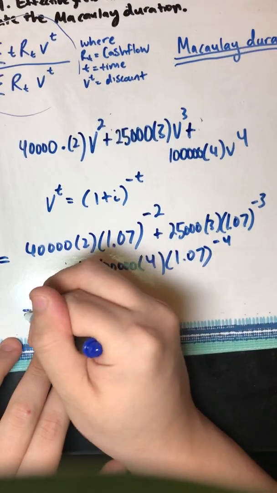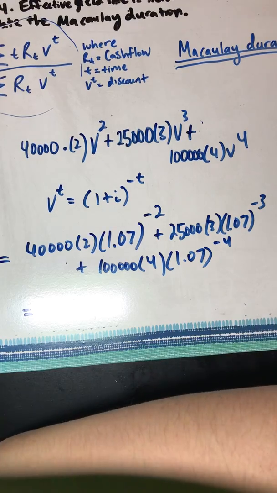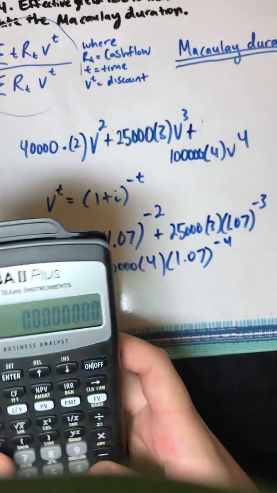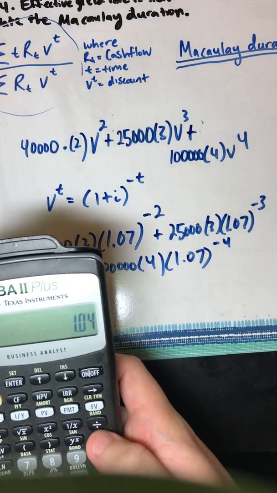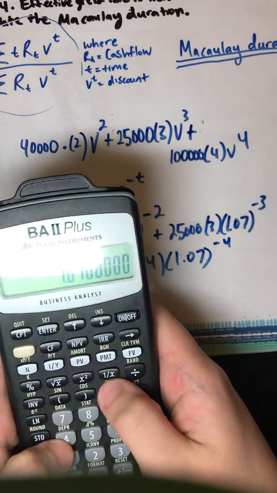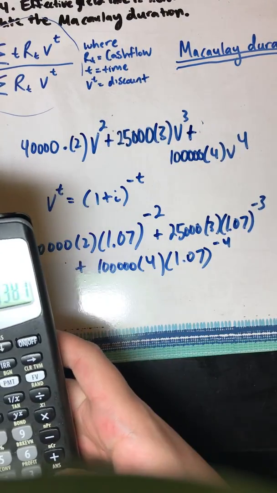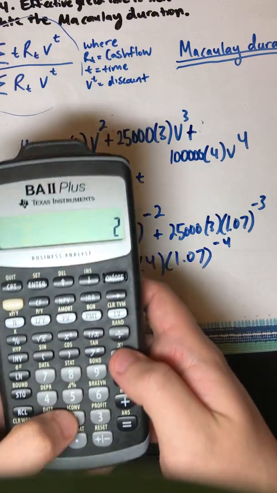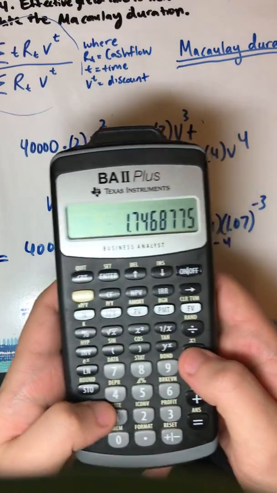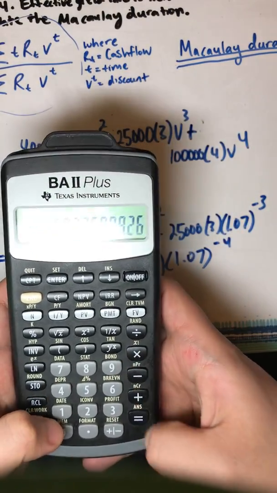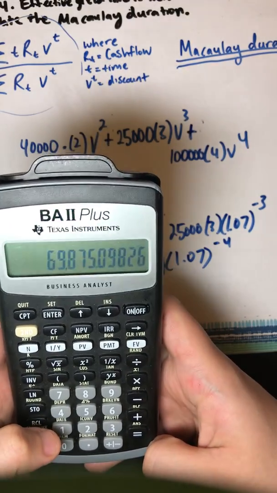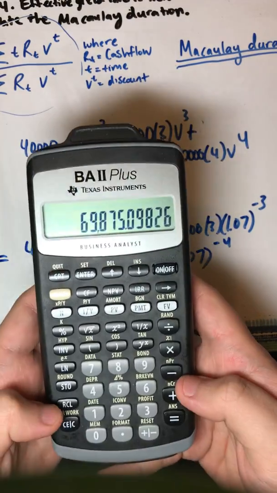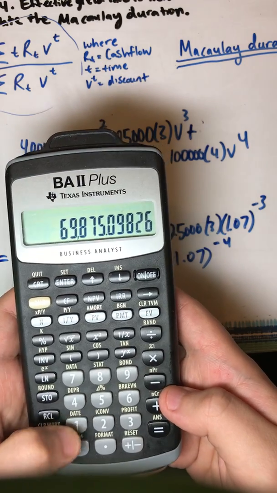And once we try to solve this, let's see, 1.07 to the negative 2 times 2 times 40,000 gives us 69,875. We'll store that in 1.